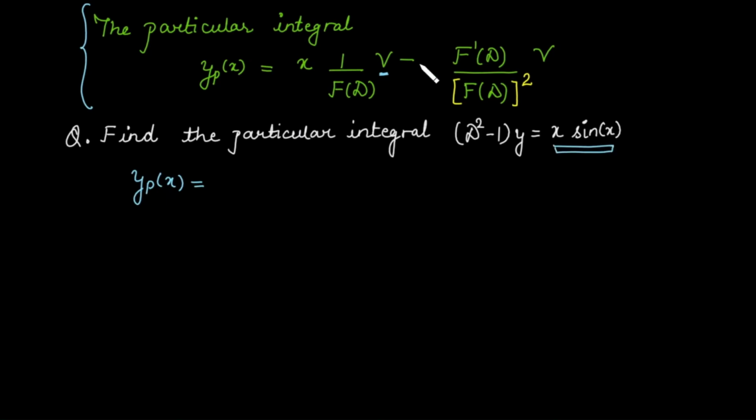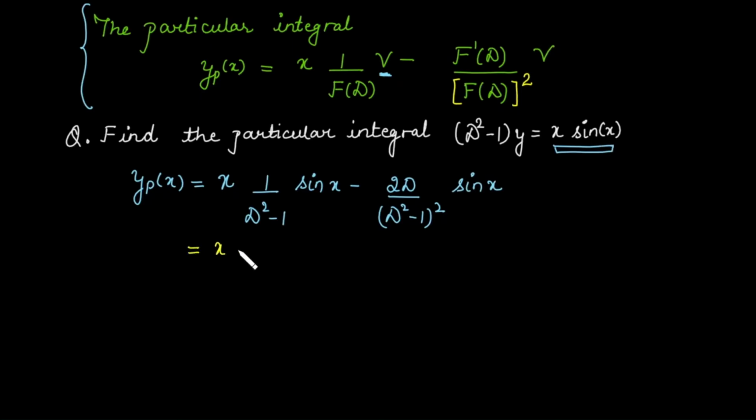Now in this case the function V is sin x, so we keep this x as it is, times 1 by the operator form, that is D squared minus 1, into V. V is the function sin x, minus the first order derivative of the operator form, that is 2D in this case, divided by the square of this term, that is (D squared minus 1) whole squared, into sin x, that is the function of x, V.